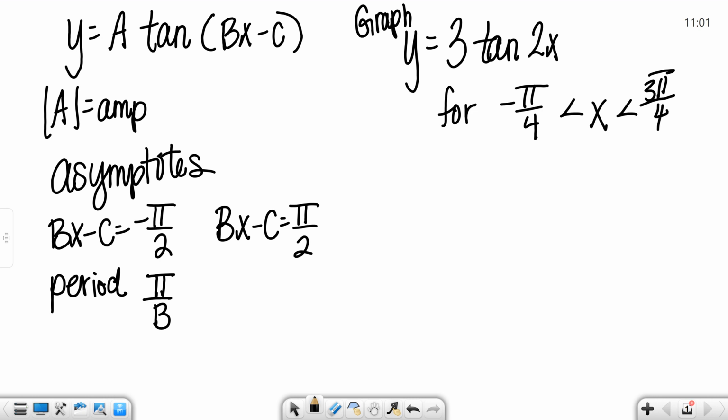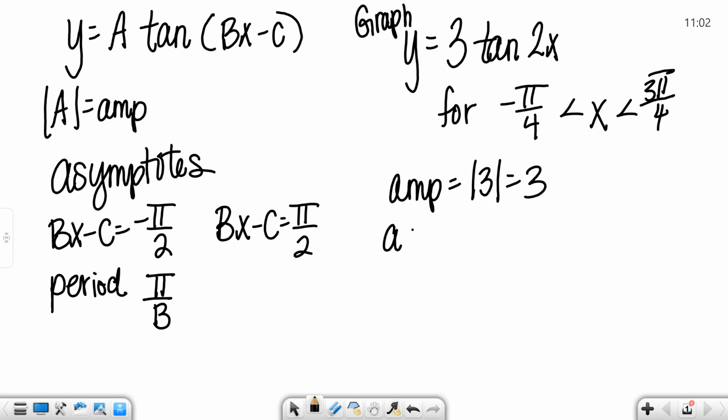So it's telling you what it wants your x values to become. All right, so here we go. Our amplitude is the absolute value of 3, which is 3.